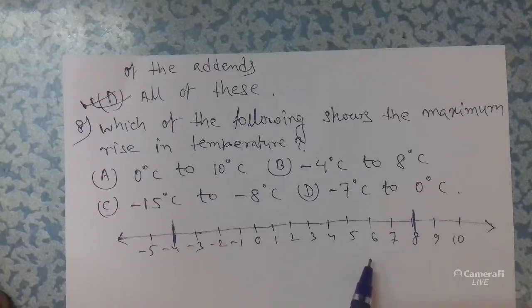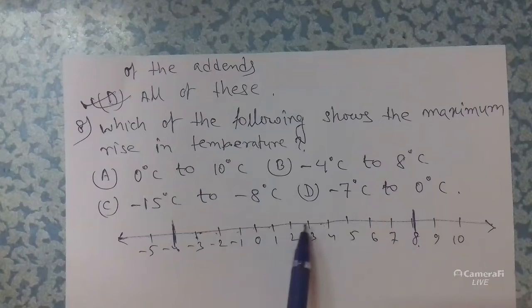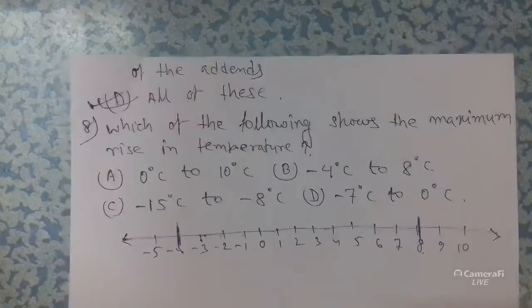So what is the value? 1, 2, 3, 4, 5, 6, 7, 8, 9, 10, 11, 12. So 12 degree centigrade risen. Again I repeat that from minus 4 to 8, count the numbers in between: 12 degree.